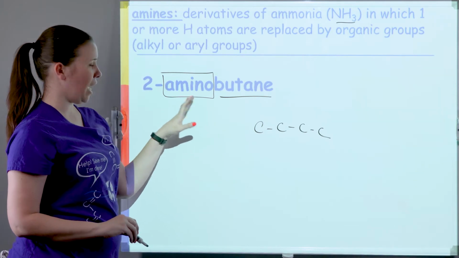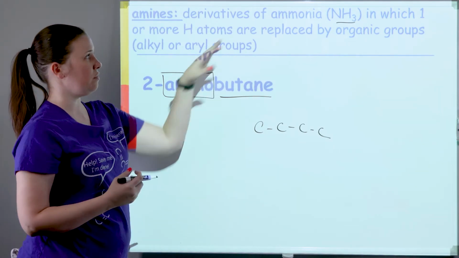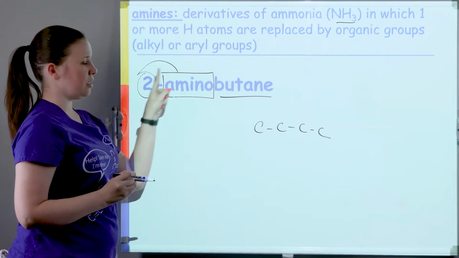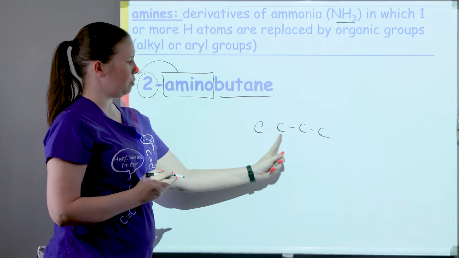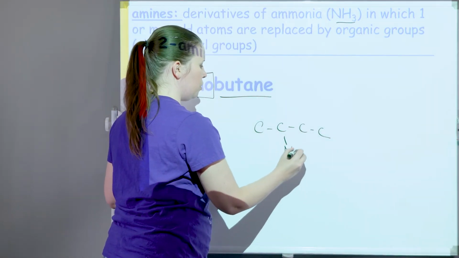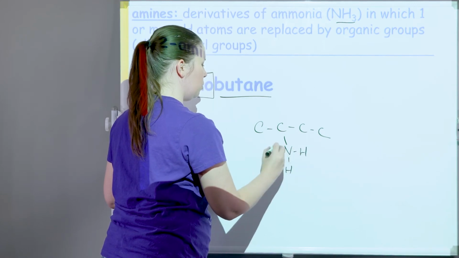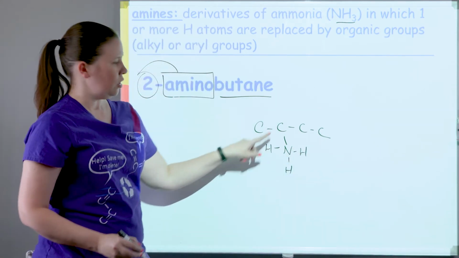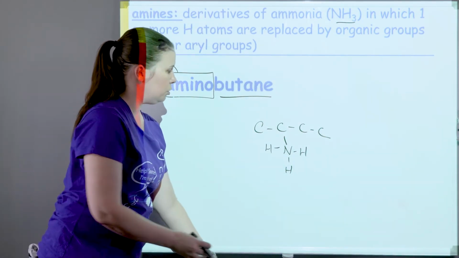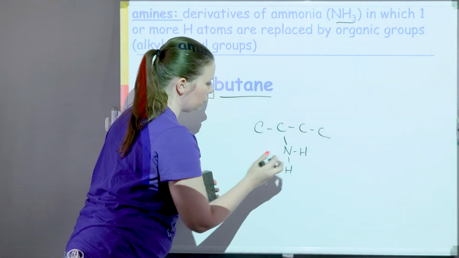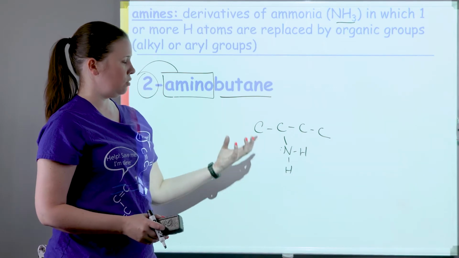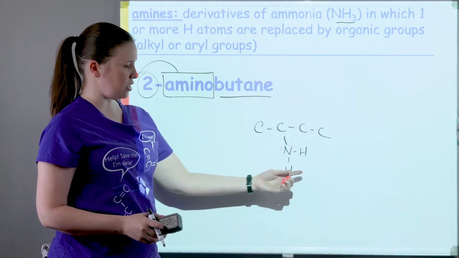But now I want to attach an amino group, or a version of the NH3. So the 2, the number in the front, still always connects to where to place the attachment. So on my second carbon, I want to place that nitrogen-based group. So the ammonia was NH3, but could the carbon come in as an additional attachment, meaning no lone pairs? Well, no, we said the lone pair was off limits. So what it would have to do instead is to replace one of the hydrogens, leaving just NH2.